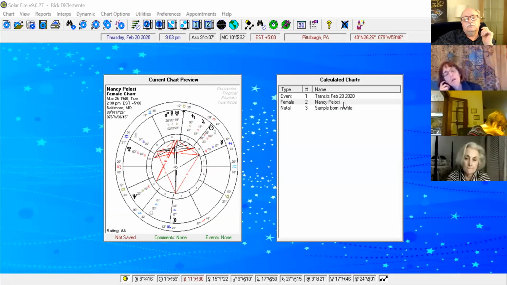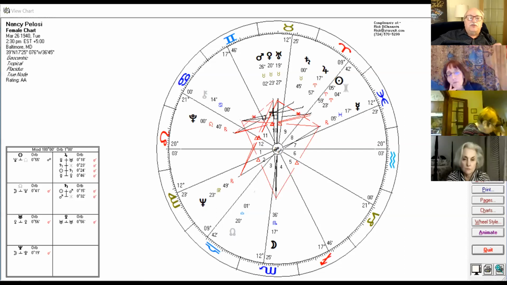Let me give you an example. In Miss Pelosi's chart, if I were using the Koch system, instead of the top of her chart being 12:25, it might be 12:40.